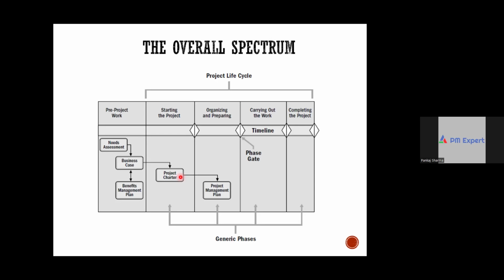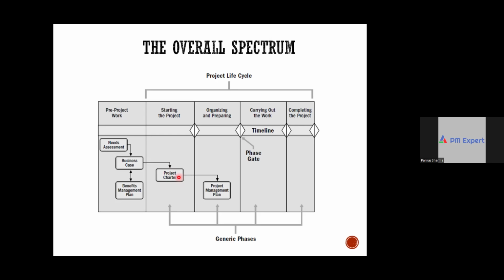Through this document, the project will be formally authorized and authority will be granted to the project manager to work on the project. So this is a high-level plan document. Now, this project charter will be owned by the project sponsor.